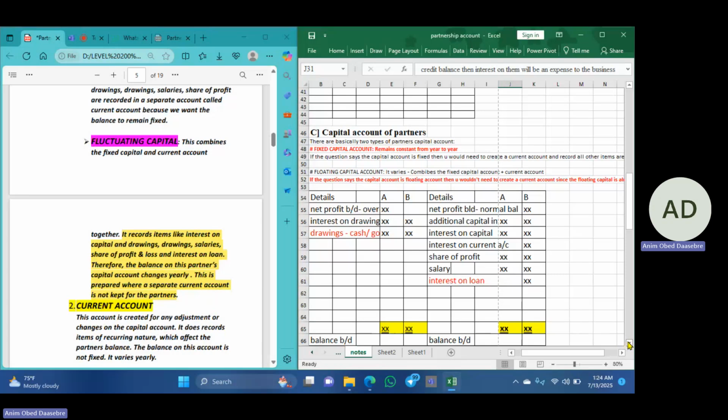So if the question says the capital account is a fixed one, that means that after the finance by, we are going to record two things.